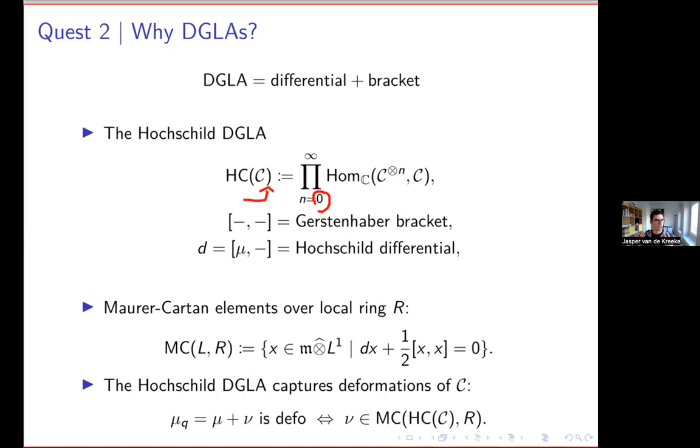Because the Maurer-Cartan elements of the Hochschild DGLA are precisely the A-infinity deformations of C, right? If you look at a deformation and split it into the original, non-deformed part plus some infinitesimal part, this satisfying the curved A-infinity relations is the same as saying that the element nu is a Maurer-Cartan element of HC.